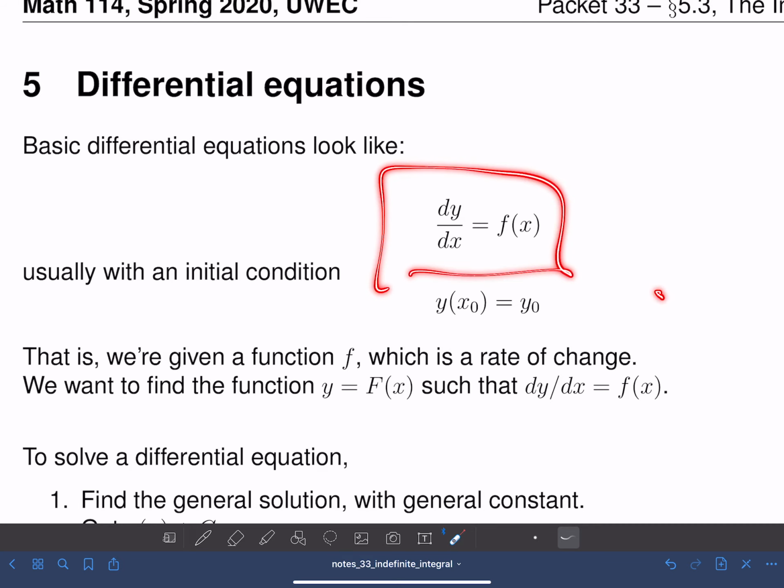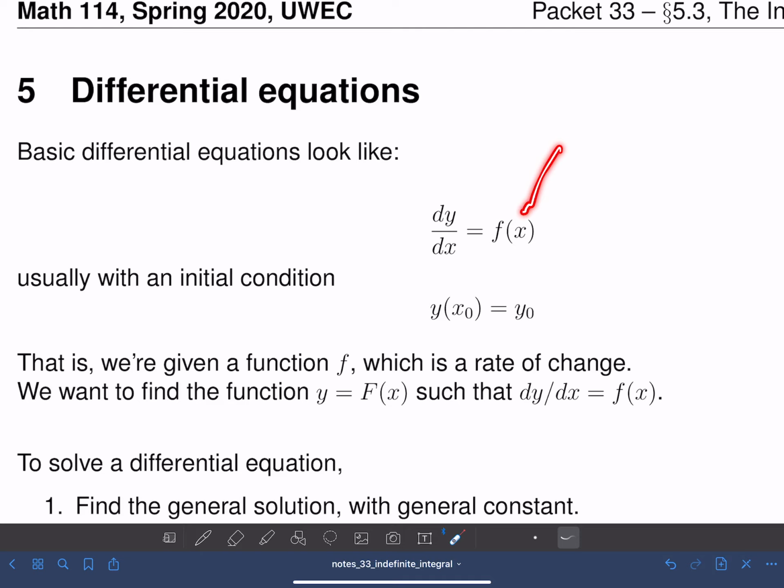That thing right there is the statement of a differential equation, because I've got my differentials and an equation. That f right there is given. Maybe I'll put that in red. That's my given. And this says that y prime equals f, right?